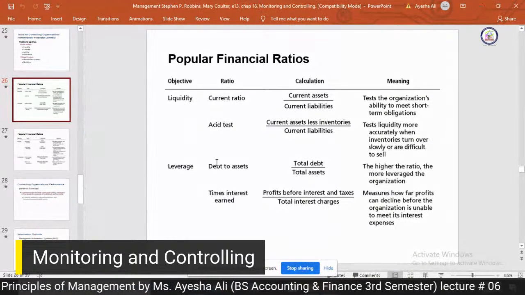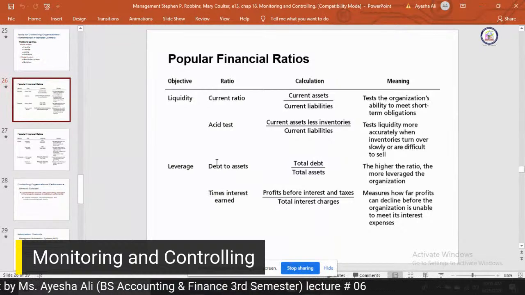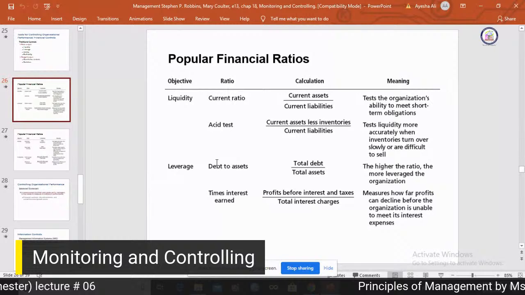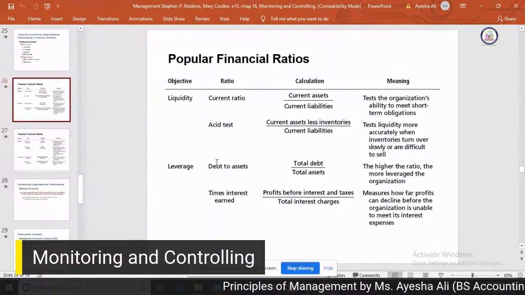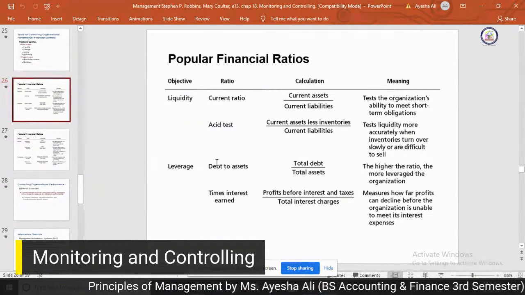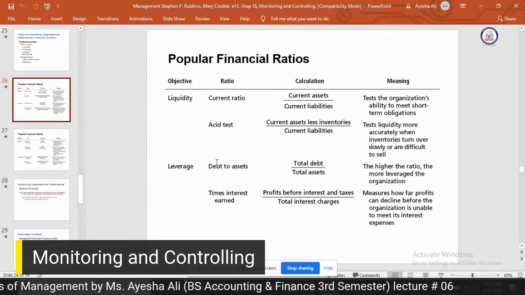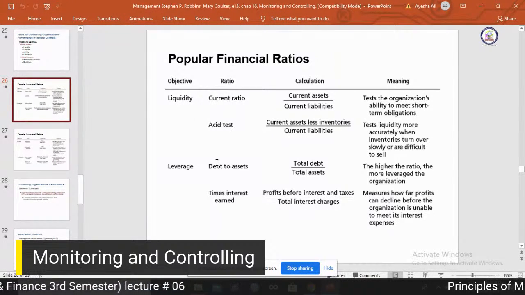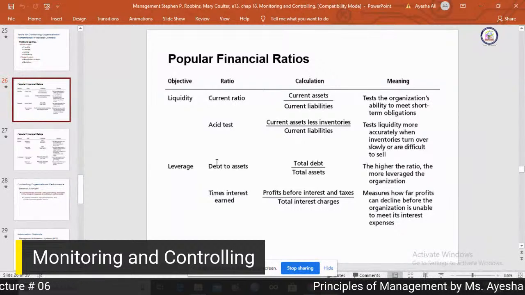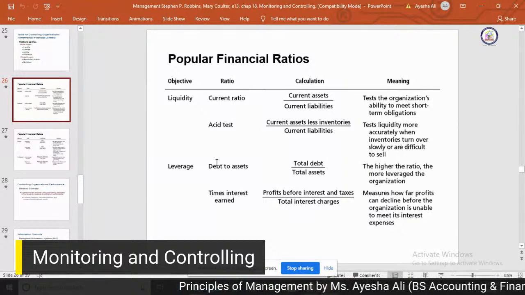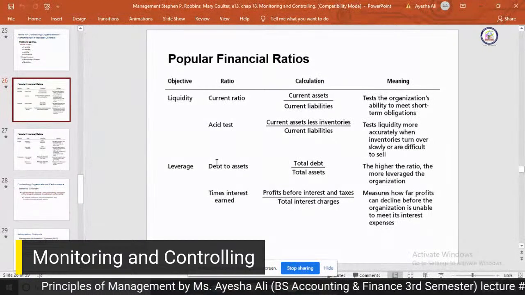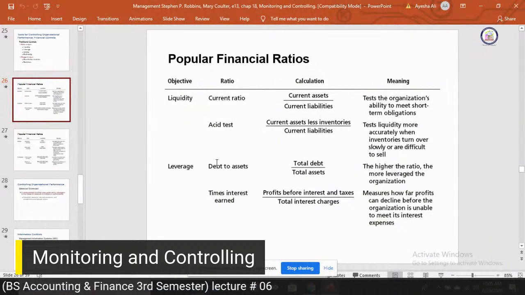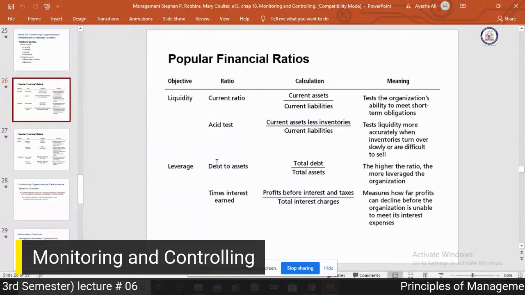Then we have times interest earned, which in short we call TIE, and we can also call it the interest coverage. The formula is basically profit before interest and tax, so we divide the profit before interest and tax by the total interest charge.